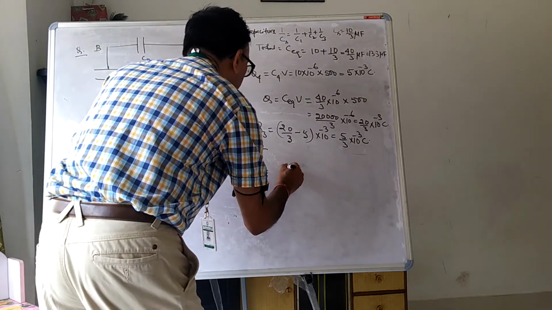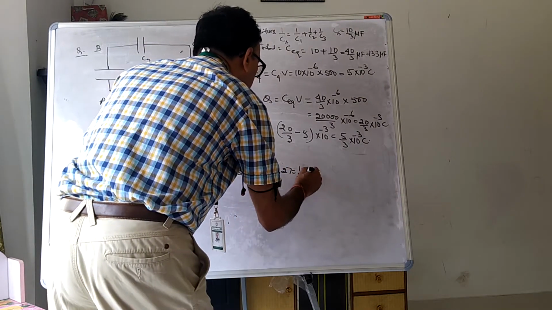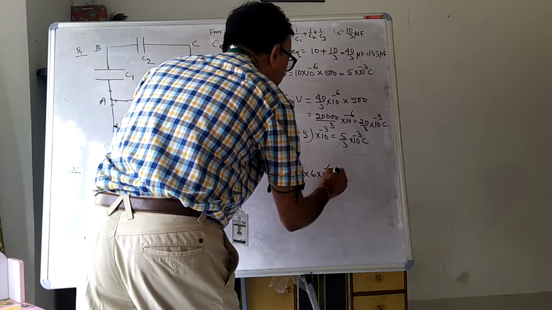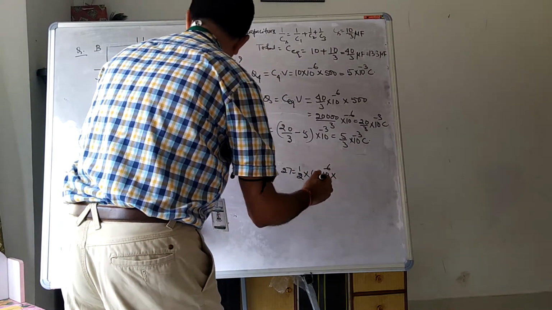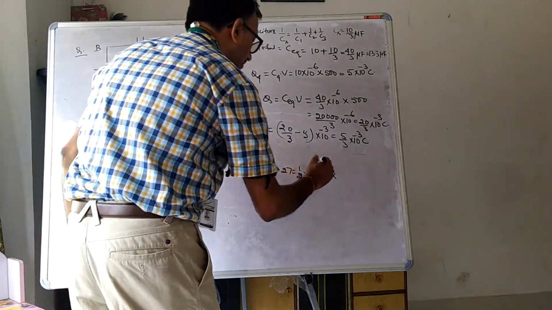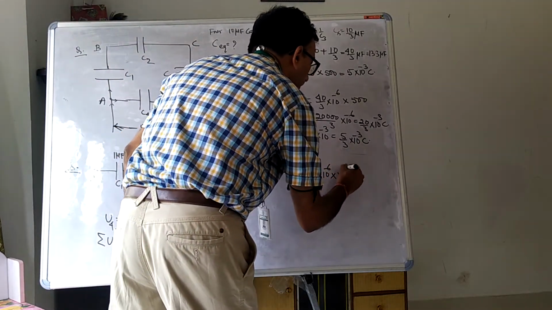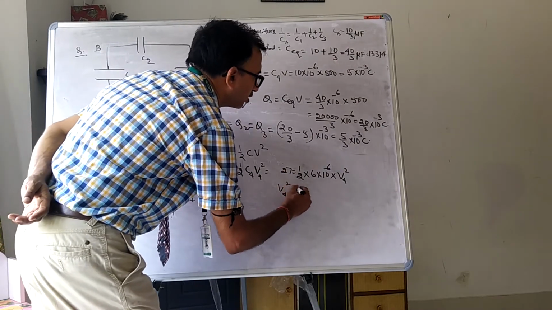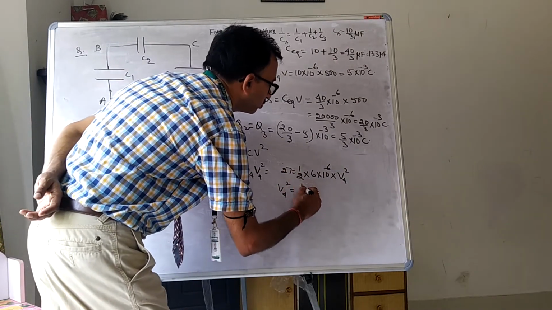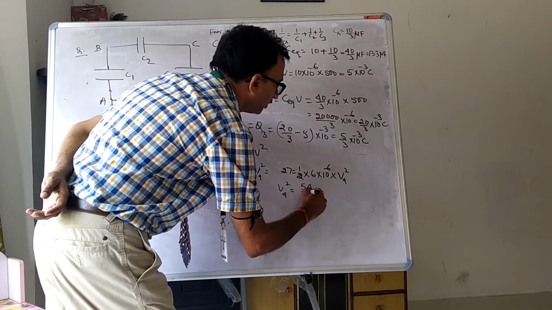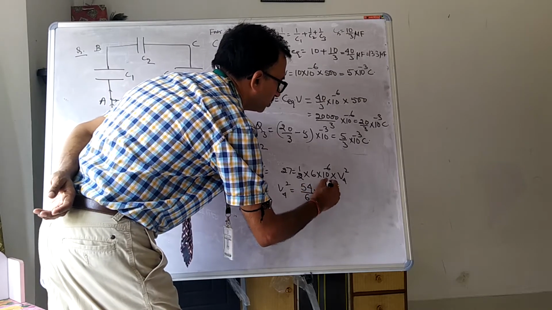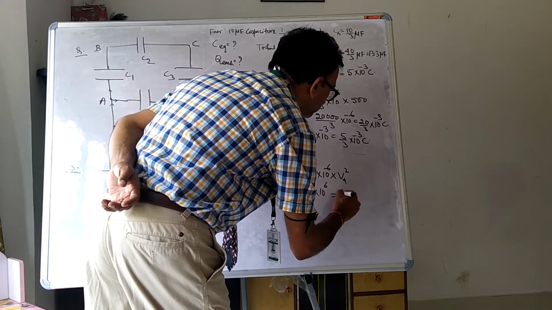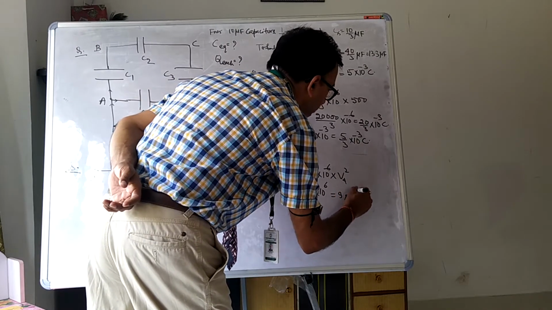So 27 equals half into C4, which is 6 into 10 to the power minus 6, into V square. We don't know V. So V4 square equals 27 into 2, 54, divided by 6 into 10 to the power minus 6. So 9 into 10 to the power 6.